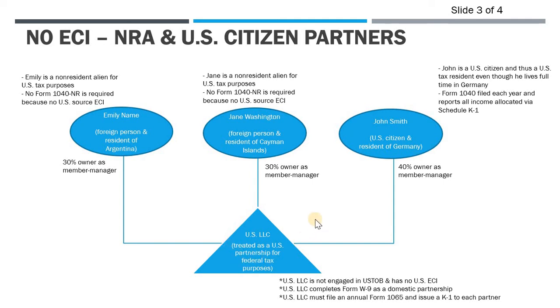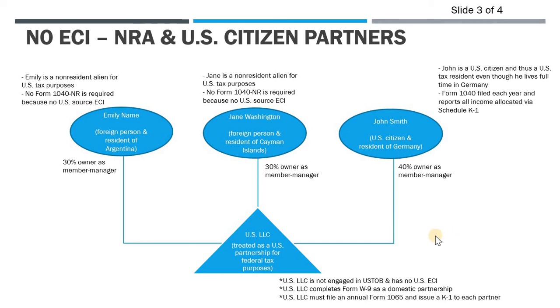But even though that's true, John still has to report his allocation of the income and pay taxes. And so this is why it's so important that the 1065s are completed with information shown, because you never know necessarily what partner might actually have to report the income and pay tax directly anyway, even though there's no withholding done at this level.